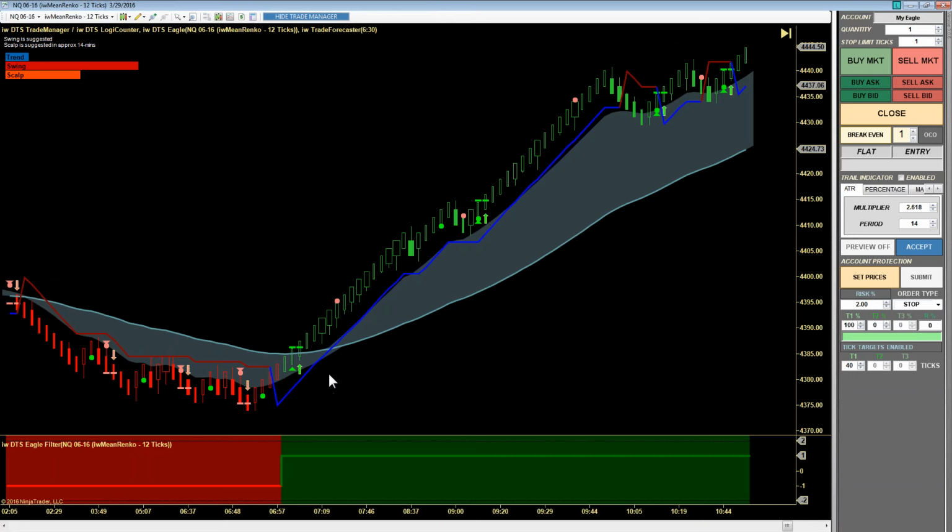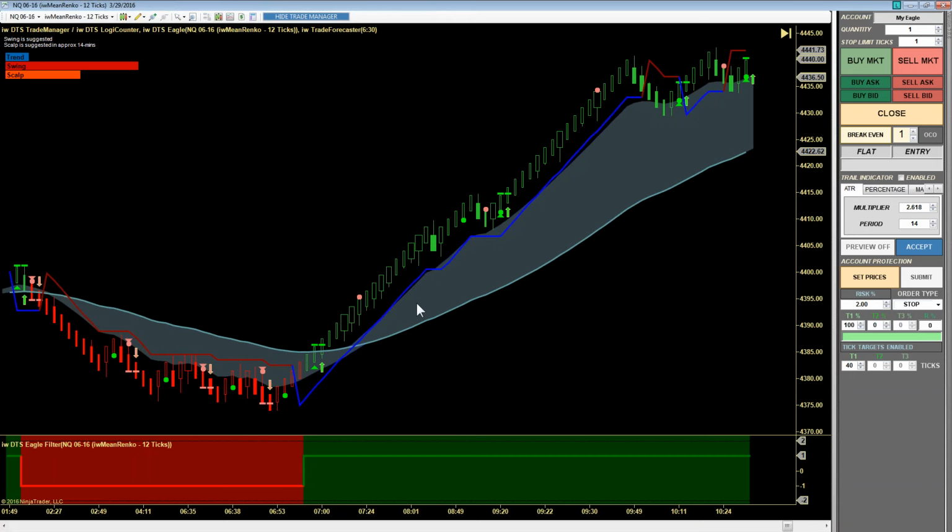With the Eagle, as with most of the tools, generally speaking, the first signal that produces after the cloud changes direction tends to be a high probability signal.